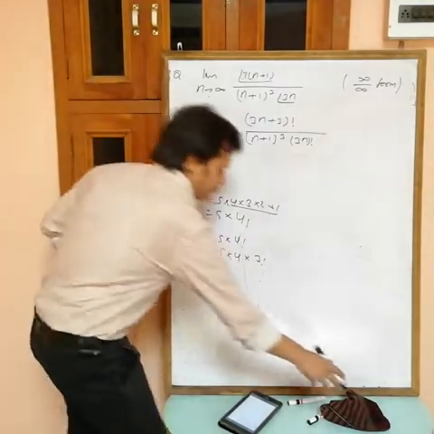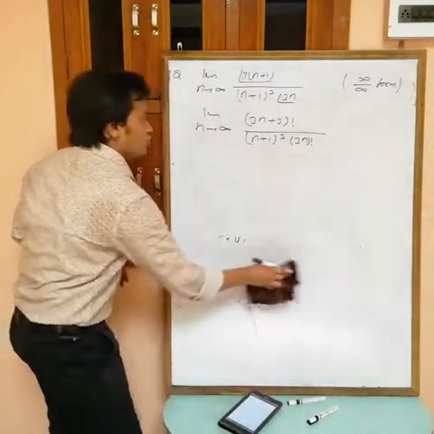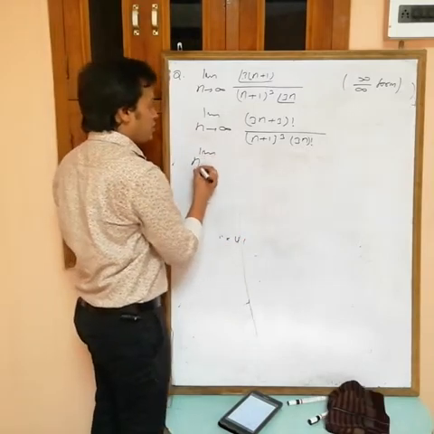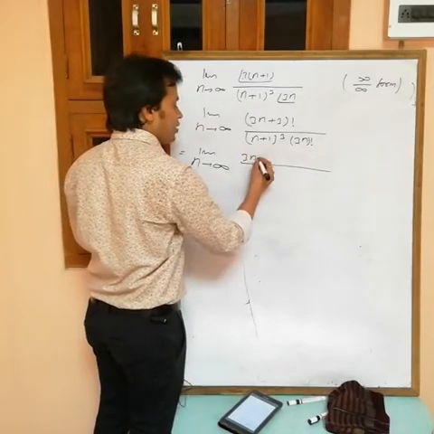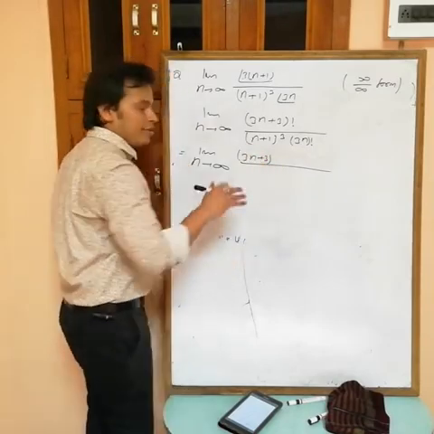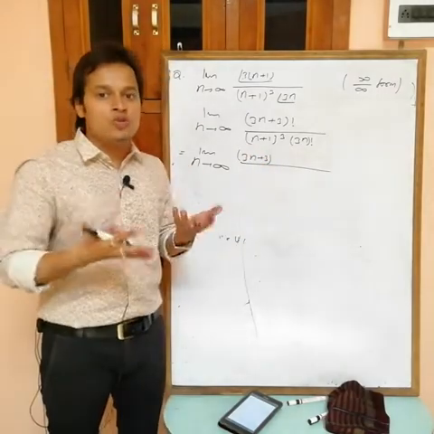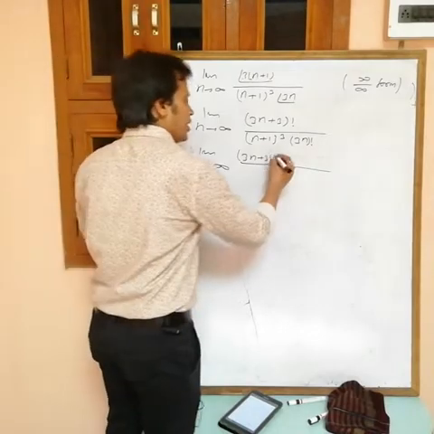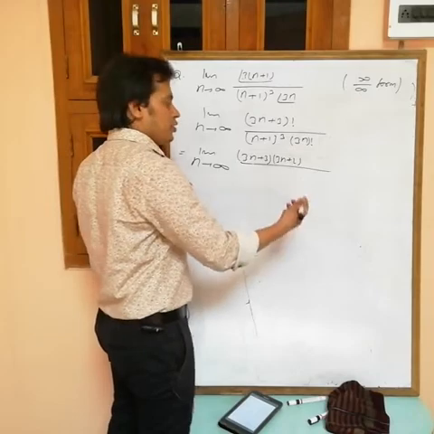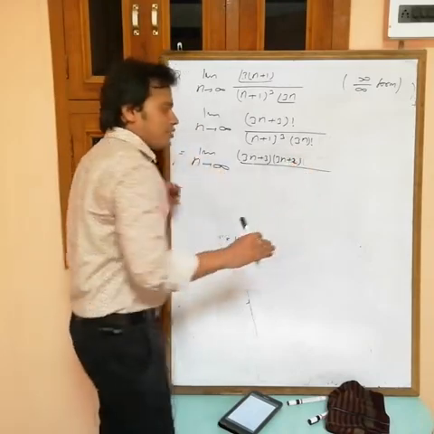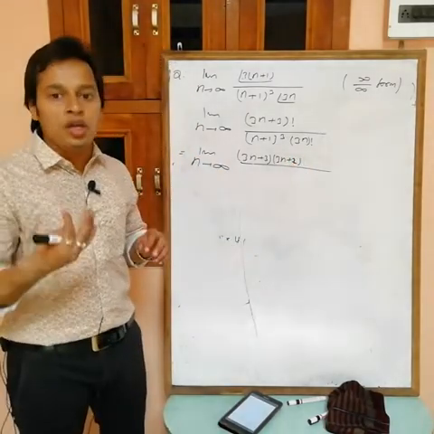Okay, like this. So see, limit n tending to infinity. If I write 3n plus 3 outside, then what remains? (3n plus 2) factorial. If I write 3n plus 2 outside, then what remains? (3n plus 1) factorial.